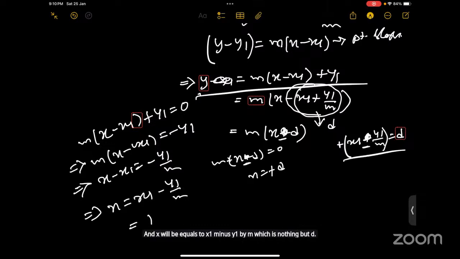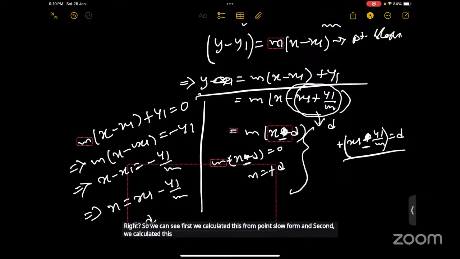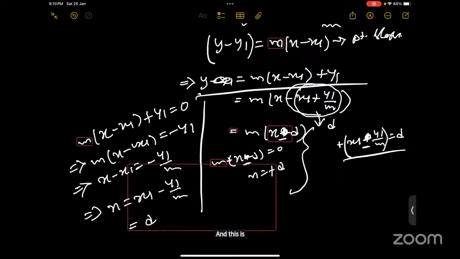So first we calculated this from the point slope form, and second from the slope intercept form. This intercept is not d, this is minus d actually. No, this is d. Our d is x1 minus y1 by m, right?